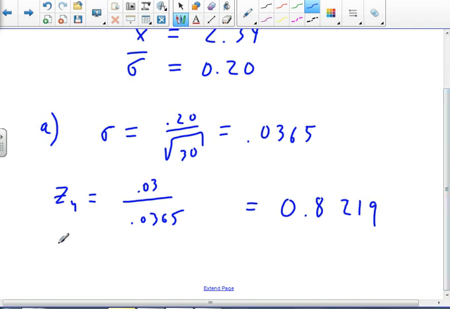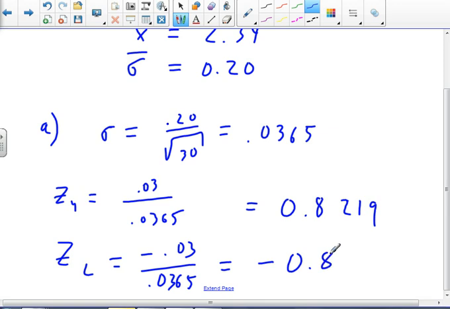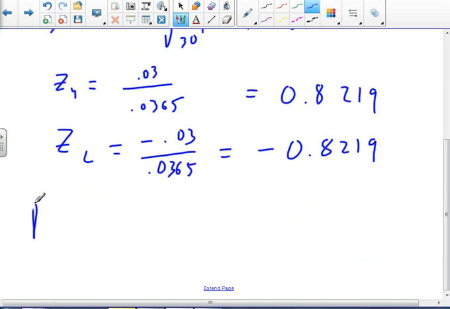And then we want the lower z: minus 0.03 divided by 0.0365, minus 0.8219. Now we want the probability of the upper z, and we're going to subtract the probability of the lower z.